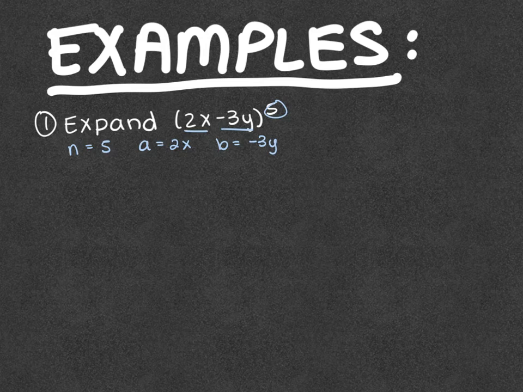So we're going to start with 5 because n is 5, and then we always start with 0. First term to the highest power, which in this case is 5. Second term to the 0. And the rest of this I'm going to speed up without talking over it.